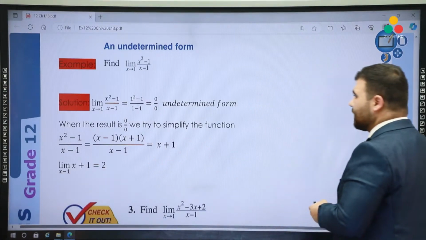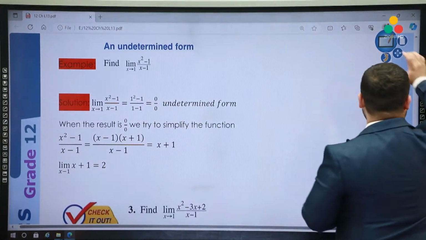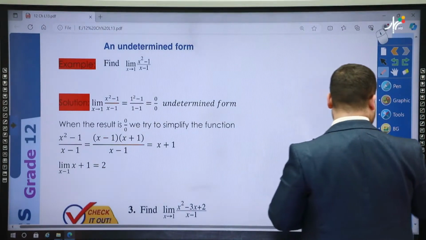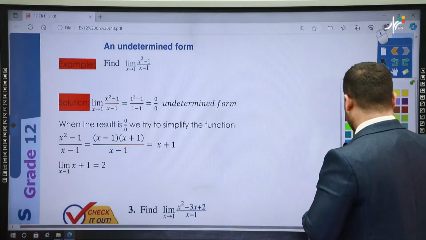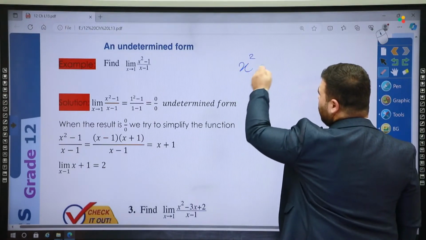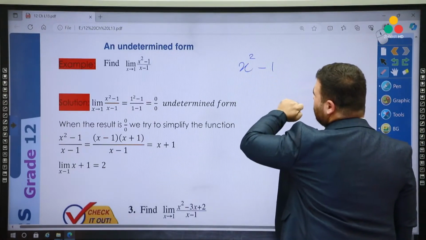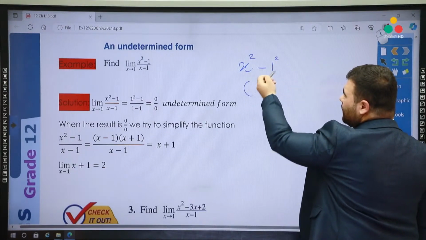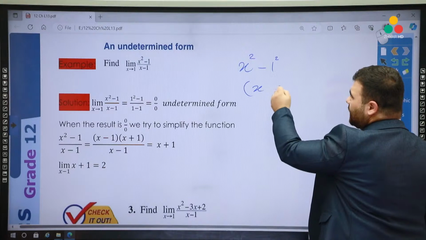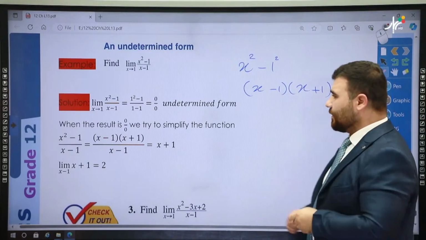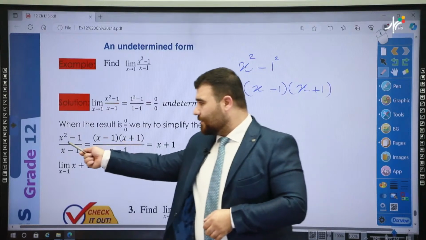Simplifying, since I have x squared minus 1. In the first lesson, I explained something called difference between two squares. I'm going to recall that quick. If you have two squared terms like x squared minus 1, which is 1 power 2, this will be two brackets, one of them x minus 1, one of them x plus 1.